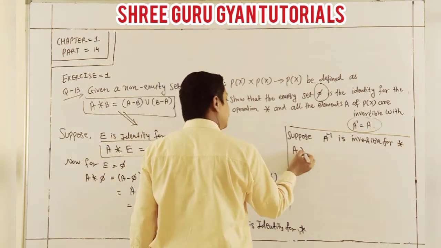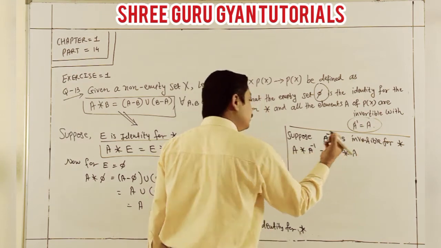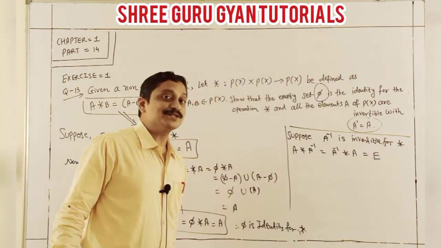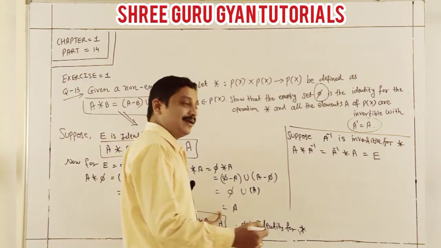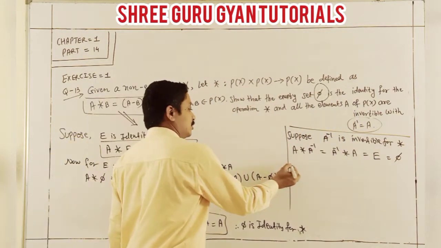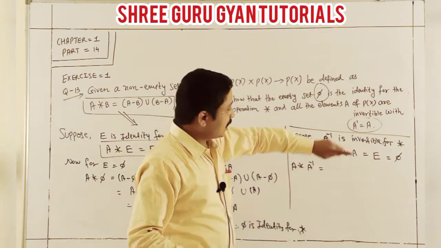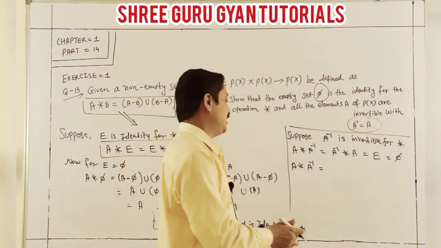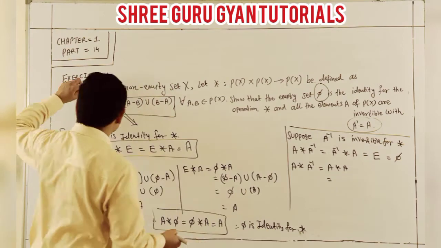A binary A inverse and A inverse binary A must be the identity, which is E, and E equals the null set. Let me check whether it is true. Taking A binary A inverse with A inverse equal to A, I am checking A binary A.